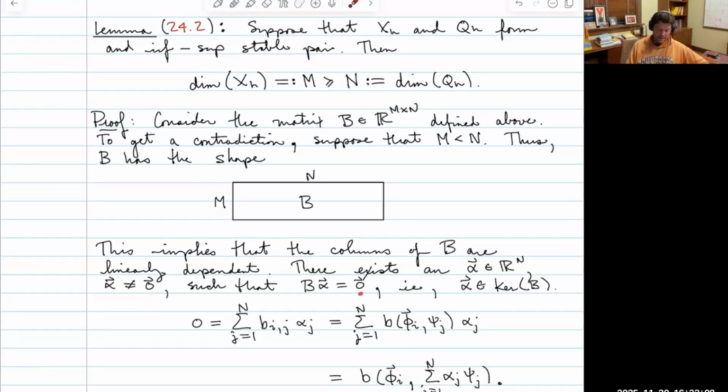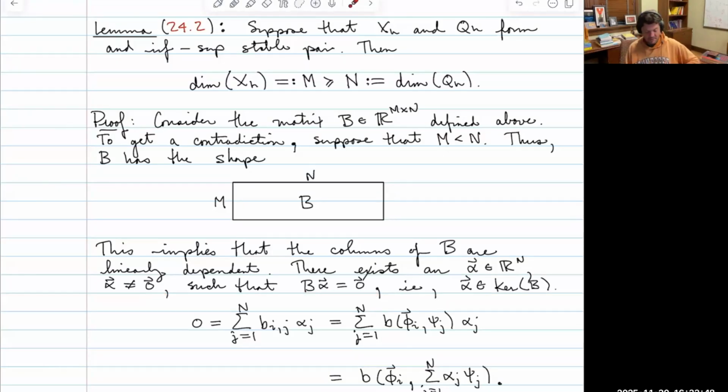In other words, there has to be something non-trivial in the kernel of B. To make a linear combination of the columns, all you have to do is multiply this matrix times an arbitrary vector. Since it has way too many columns, those columns must be linearly dependent, so such a non-trivial vector must exist.